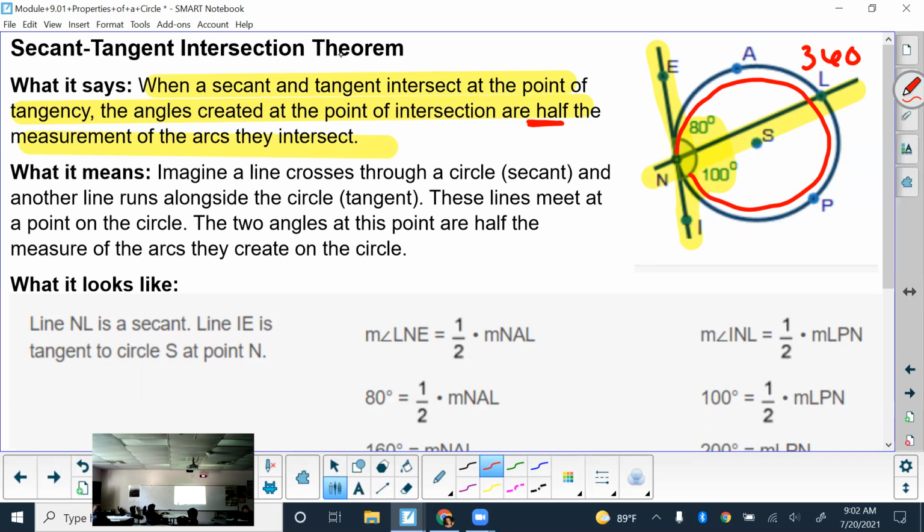All right, and then just FYI, if you were breaking this up piece by piece, this piece of the arc is 160 degrees, this piece of the arc is 200 degrees. So that's why this over here is 80 degrees and this over here is 100, because it's half the arc.